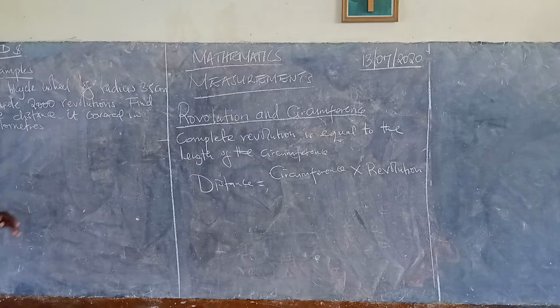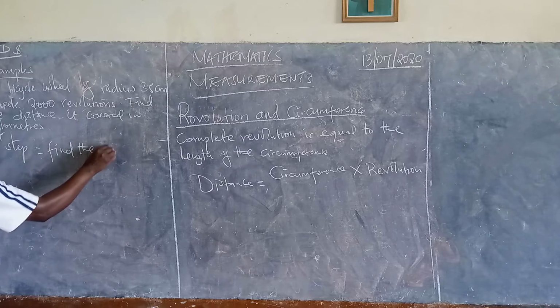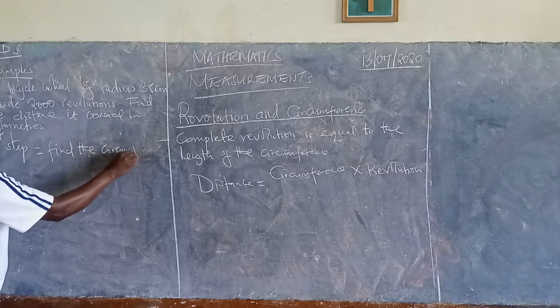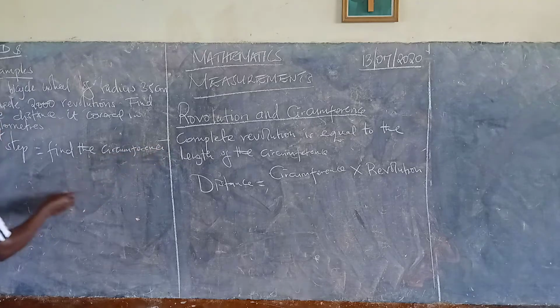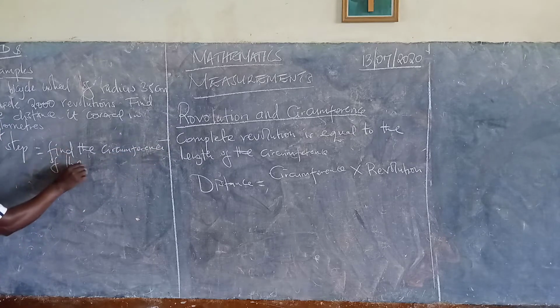So step number 1, find the circumference of the wheel.